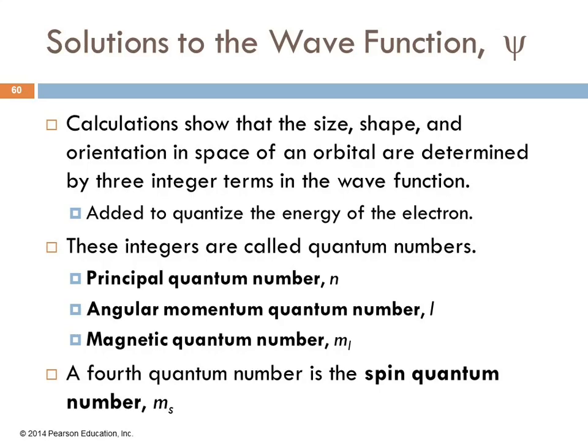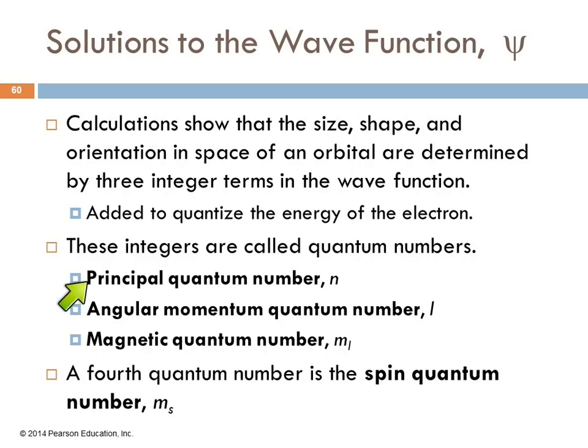Calculations show that the size, shape, and orientation in space of the orbital are determined by 3 integer terms in that wave function. These are put in to quantize the energy of the electron, because we know that electrons can only have particular energies, and we can measure that energy. So these integers are called quantum numbers. There's 4 of them.